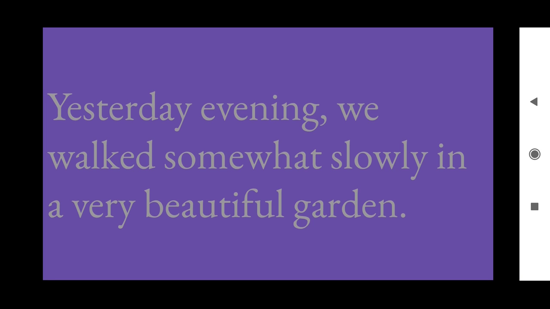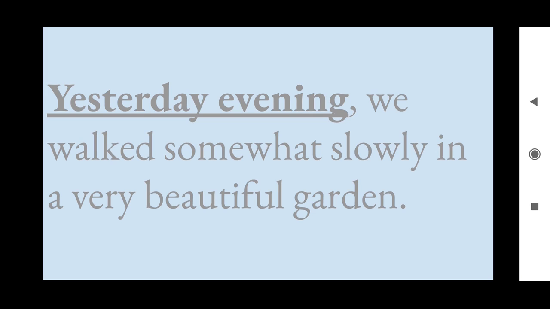In the sentence, the first adverb is yesterday evening. That shows us when the action happened. The action here is walk. That's the verb. There is another adverb, slowly. So both yesterday evening and slowly tell us about the verb walk.